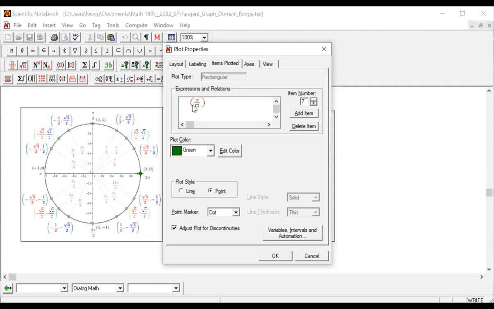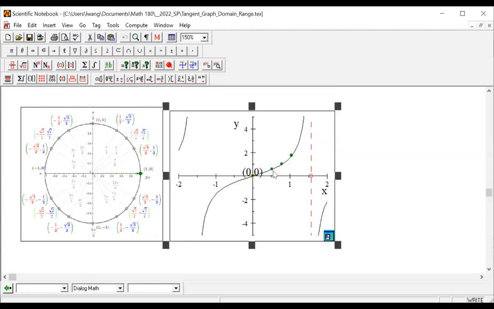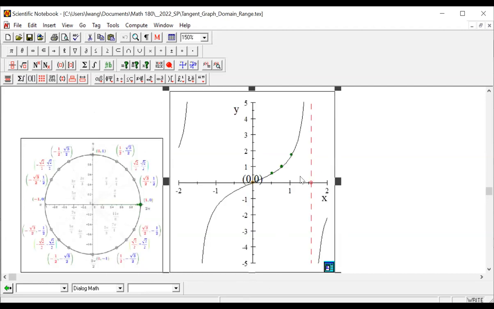So these are the special values, but you need to understand there are many more in between. And here's pi over 3. So we plotted these points as we just did. And we got these dots on the curve. Okay, pi over 6, root 3 over 3, pi over 4, 1, pi over 3, root 3. Okay, input, output.